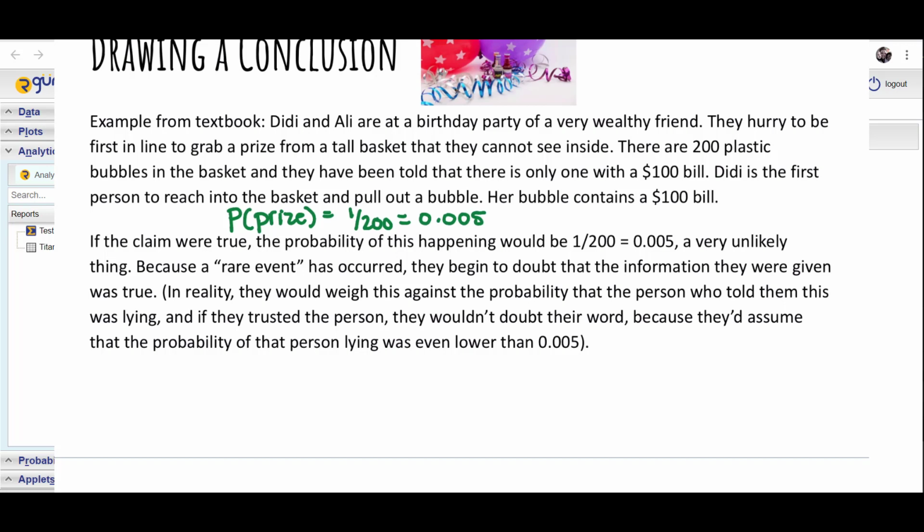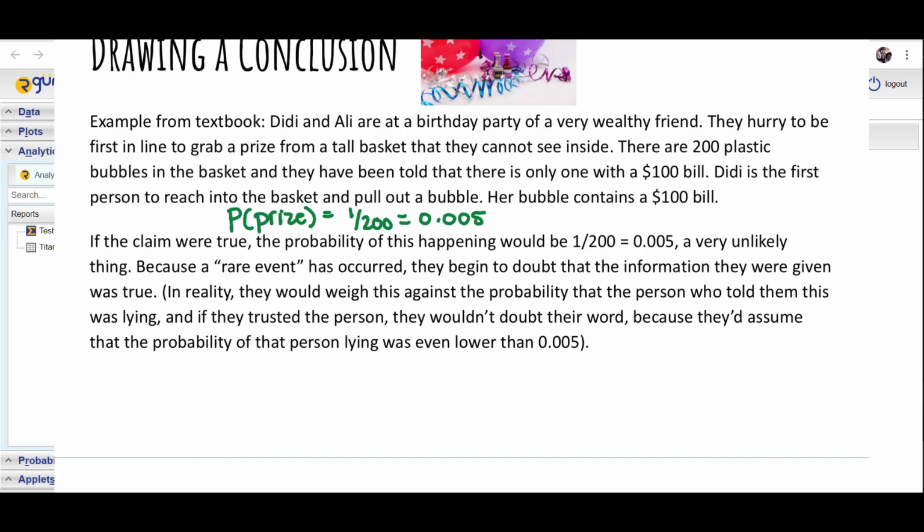So it's very unlikely that this would happen. And because this is a rare event, they begin to doubt that the information they were given at the beginning of this game was actually true. Because it's so unlikely that the person would pull out this bubble and win on the very first try, in reality they would weigh this against the probability that the person who told them had lied about how many prize bubbles were actually in the basket.